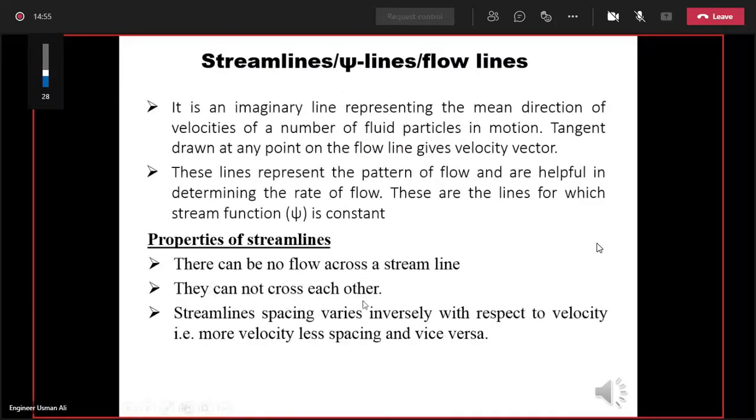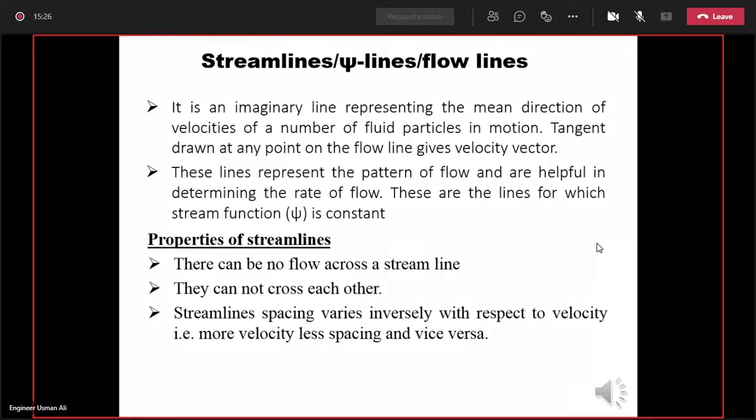They cannot cross each other. The streamlines will always have distinct paths, distinct directions, so they will not cross each other. Streamline spacing varies inversely with respect to velocity. In case of more velocity, like in converging flow, such as flow in a converging pipeline or converging channel, the velocity will increase because of reduced area, and in that case the streamline spacing will reduce.